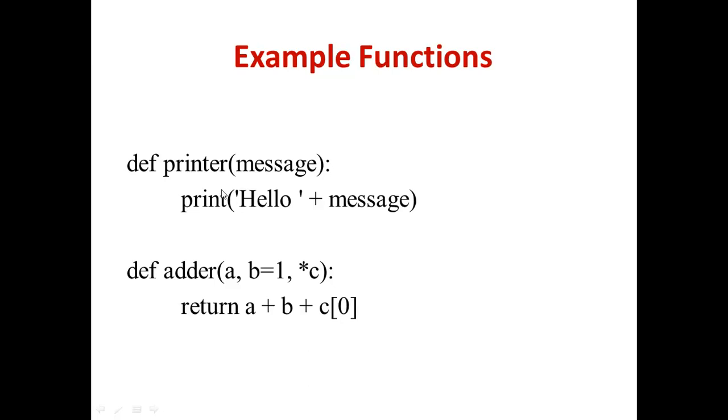If I press enter, this gives room for entering the function block statements, the function body. There I have given only one statement. Simply I'm printing a hello followed by a message. That means whatever message you pass while calling, along with that message there will be a string called hello. Hello will be printed at the beginning, followed by the plus symbol, the appending symbol, followed by the message.